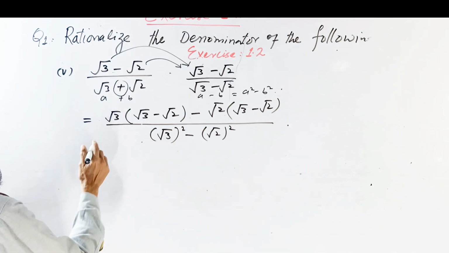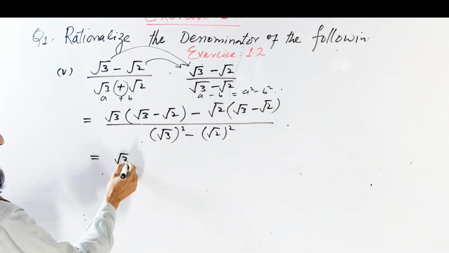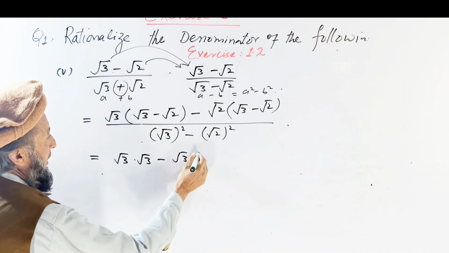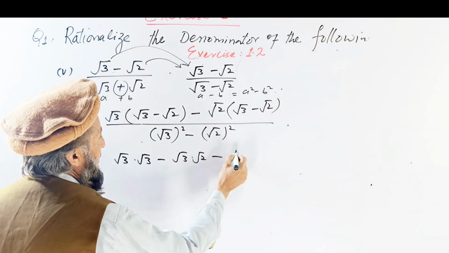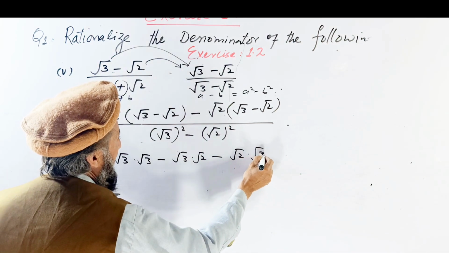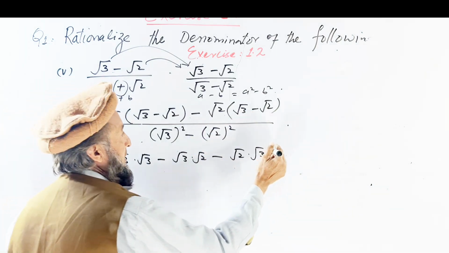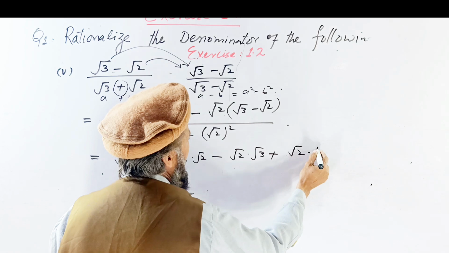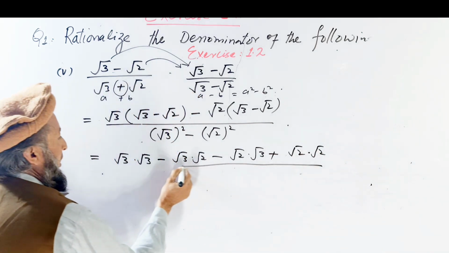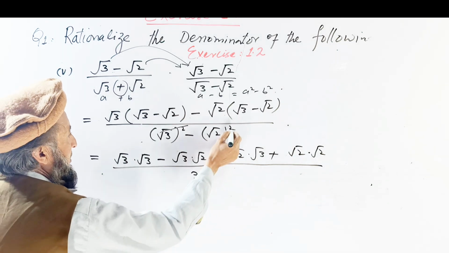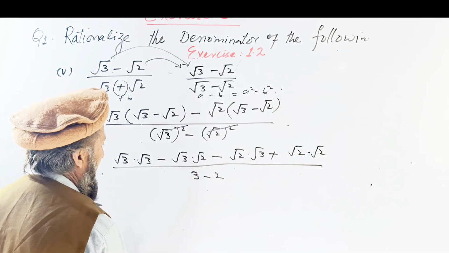Now root 3 times root 3, minus root 3 times root 2, minus root 2 times root 3, minus times plus is minus, and plus root 2 times root 2. The two square roots cancel, 3 minus 2, we get 1.